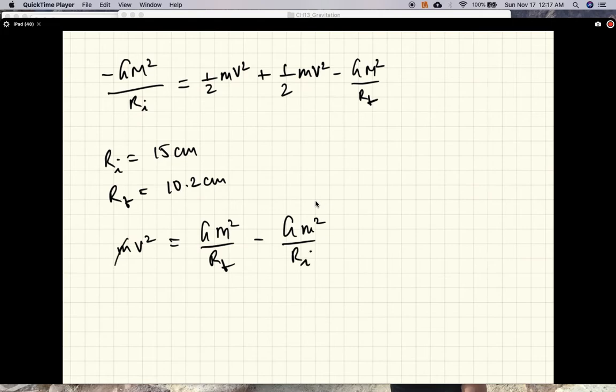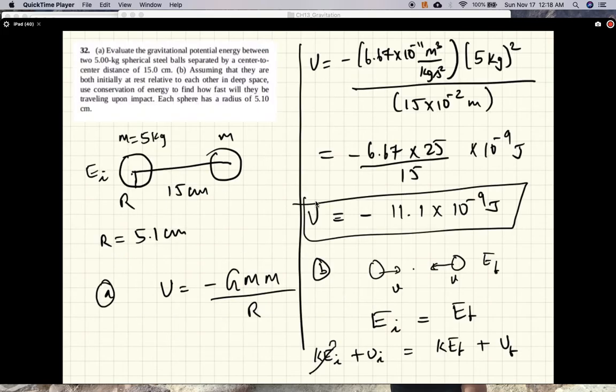Okay, the mass cancels, so v is G m into 1 over r final minus 1 over r initial, to the power half. Okay, so that's the impact velocity. That's the velocity of each one of them.